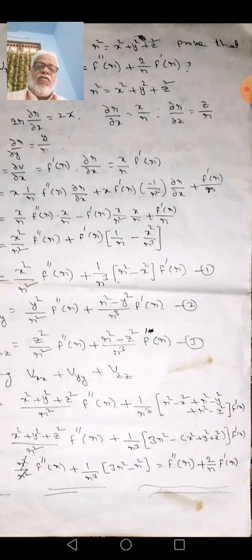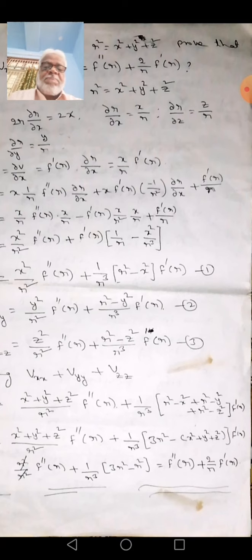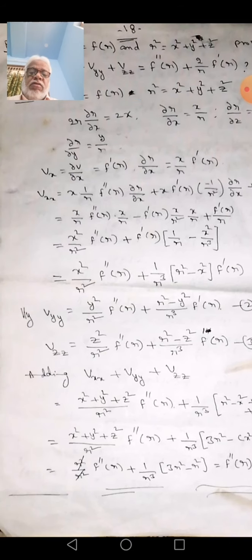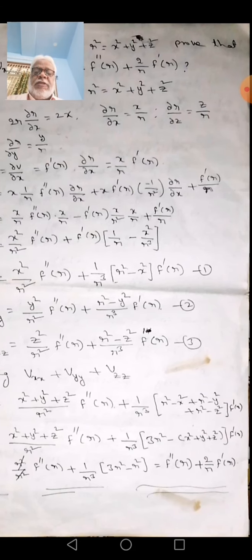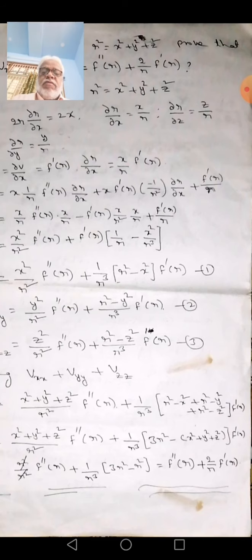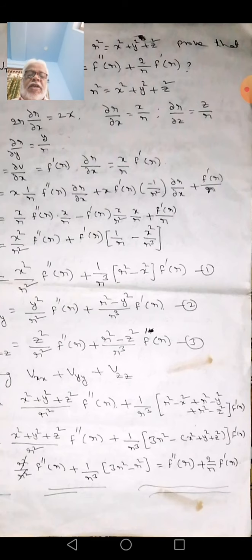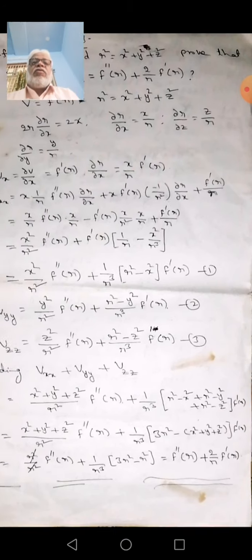So what is the value of x square plus y square plus z square? That is r square. So the result is r square by r square f double dash r plus 1 by r cube of 3 r square minus r square, that is f double dash r plus 2 by r into f dash r, which is what we were required to prove.